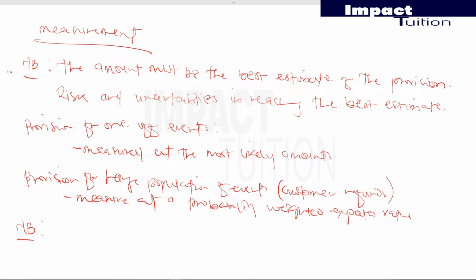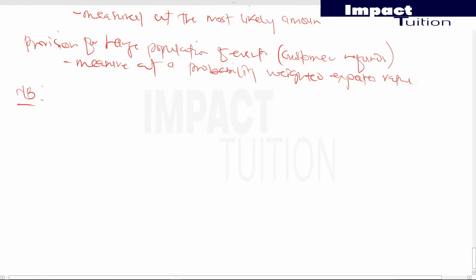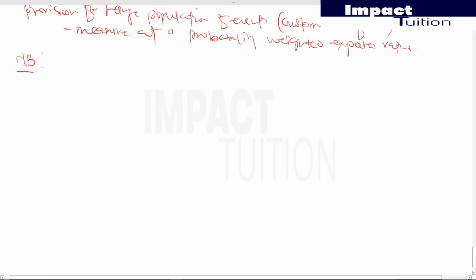So they're saying that in measuring a provision, consider future events as follows. That is another thing we'll look at here. So in measuring a provision, we should consider future events as follows.